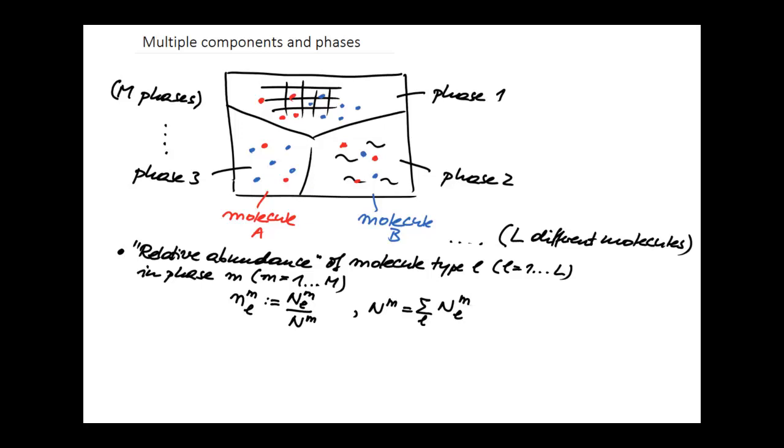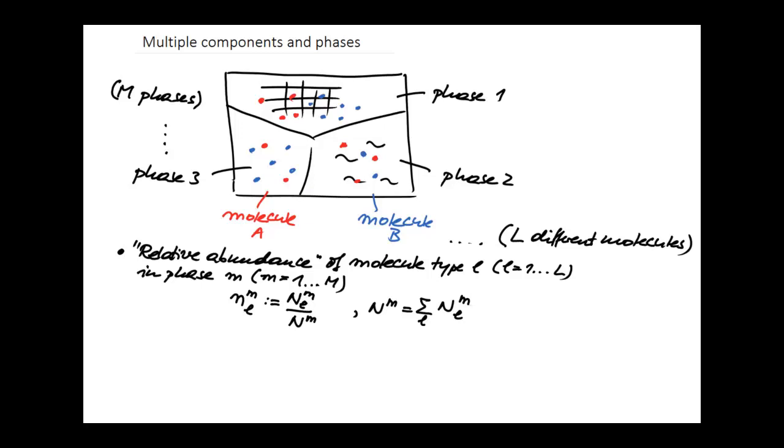So imagine you have a mixture of two substances, I don't know, water and alcohol, and you can have a gas phase and a liquid phase and a solid phase. And in the three phases, you can have different concentrations of alcohol. And there's no reason why the concentration of alcohol should be equal in the three phases.